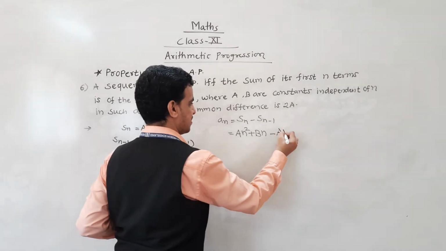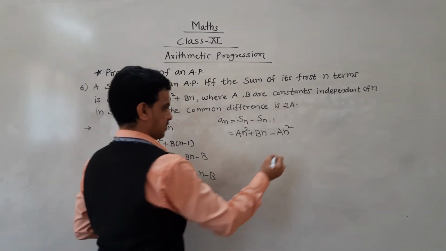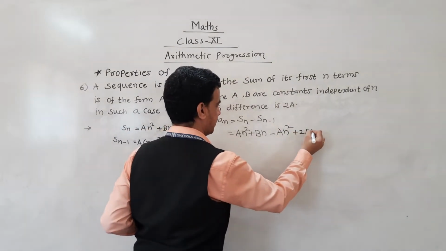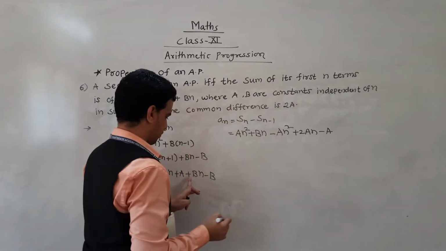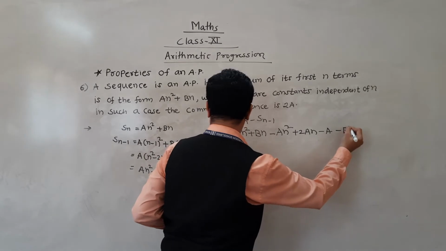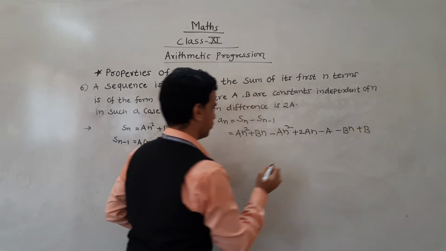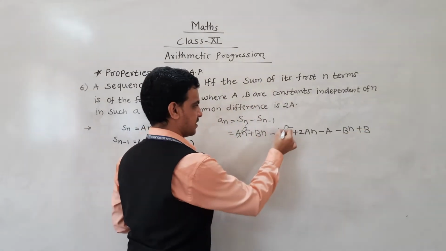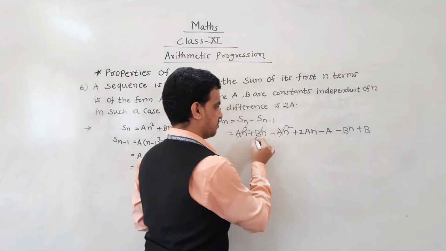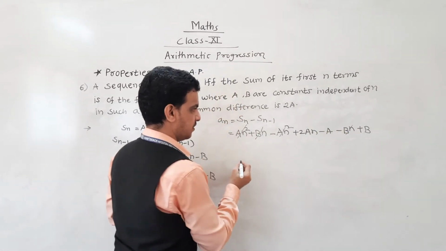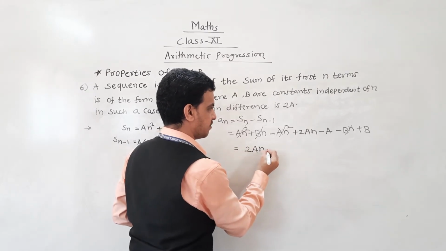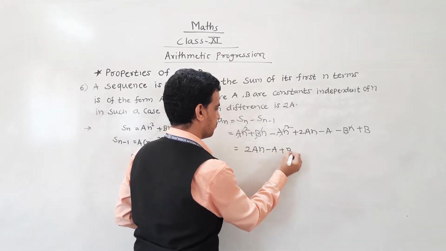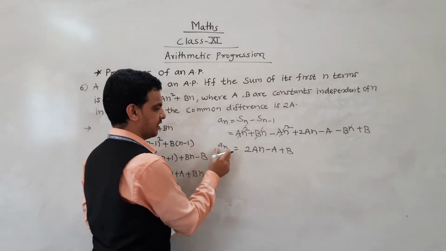So minus an square plus 2an minus a minus bn plus b. So an square minus an square cancels, plus bn minus bn cancels. What remains? 2an minus a plus b. This is the nth term.